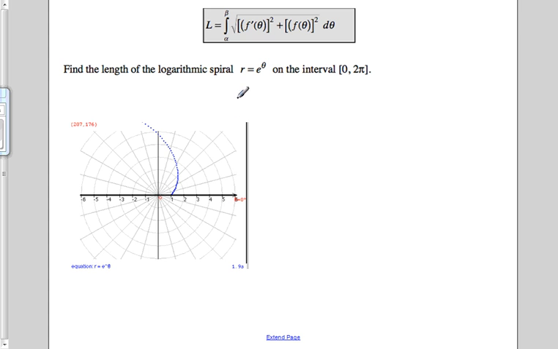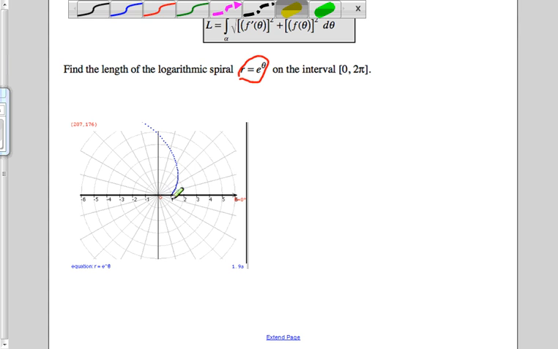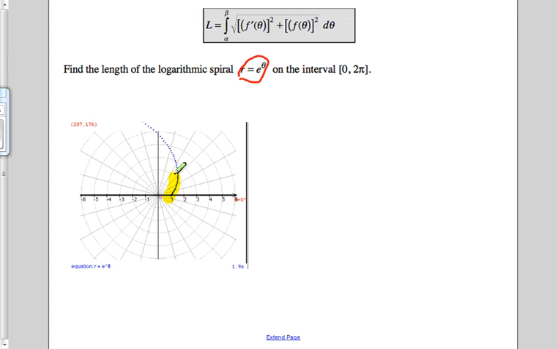Right here, we've got the logarithmic spiral, r equals e to the theta. And you get this cool spiral that you can see graphed already right here. This is graphed on the interval from 0 to 2 pi.